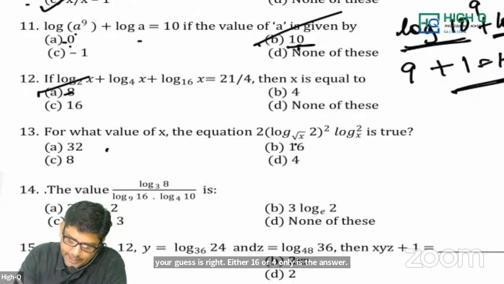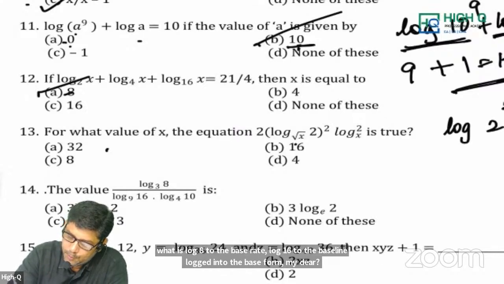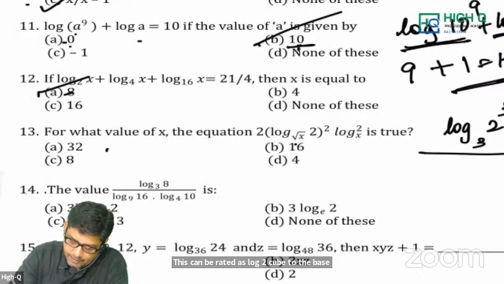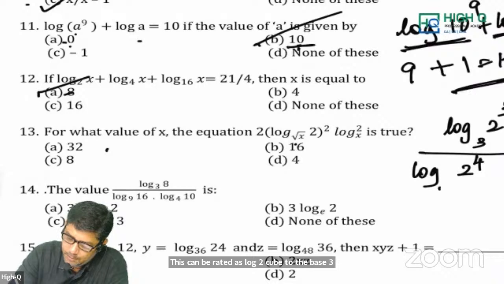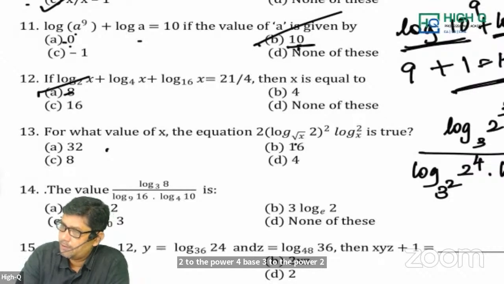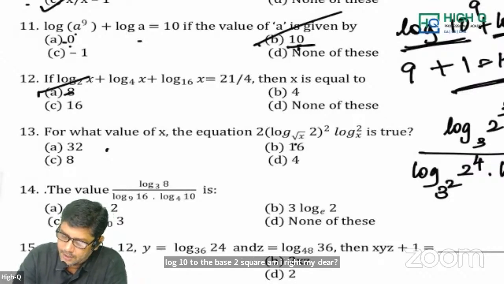Now, what is log 8 to the base 3, log 16 to the base 9, log 10 to the base 4, my dear? This we can write as log 2 cube to the base 3 divided by log 2 to the power 4 base 3 to the power 2, log 10 to the base 2 square. Am I right, my dear? Yes. Now look at this.